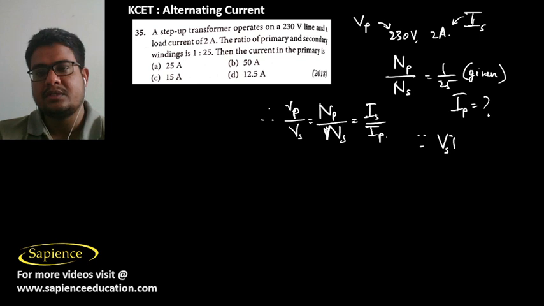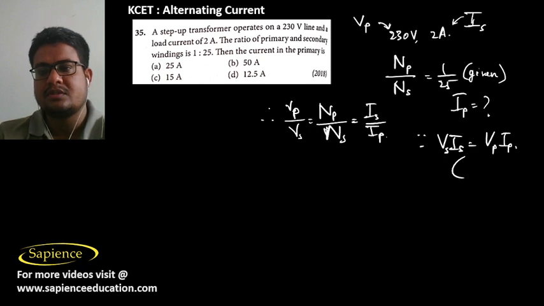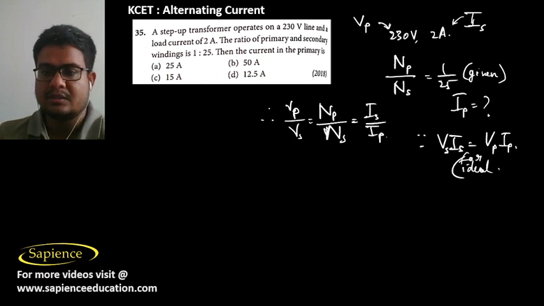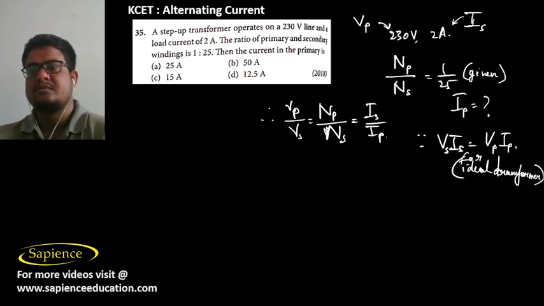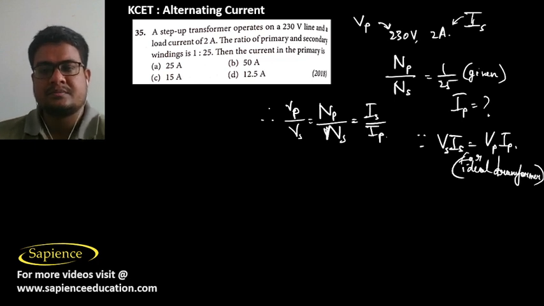Since Vs into Is is equal to Vp into Ip, as the efficiency of the transformer is 1, it is an ideal transformer. Ip is what we have to find.